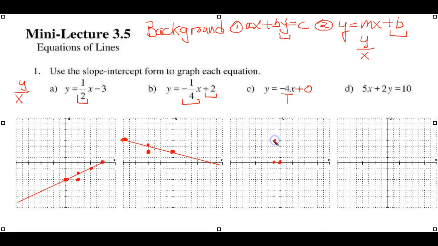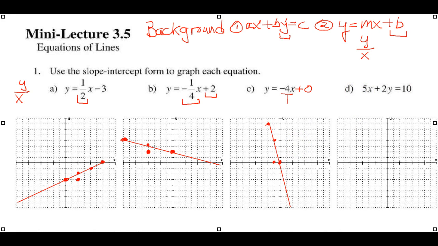So as you do MATLAB, you put a dot there, go over 1 mentally, up 4, put your second dot there, over 1, 1, 2, 3, 4. And this gives you just more points to plot. And there's your line.